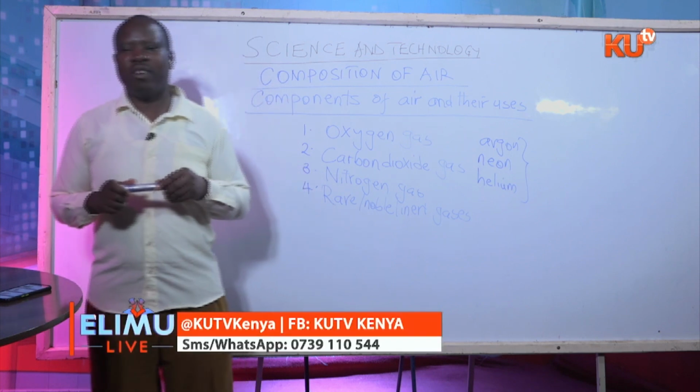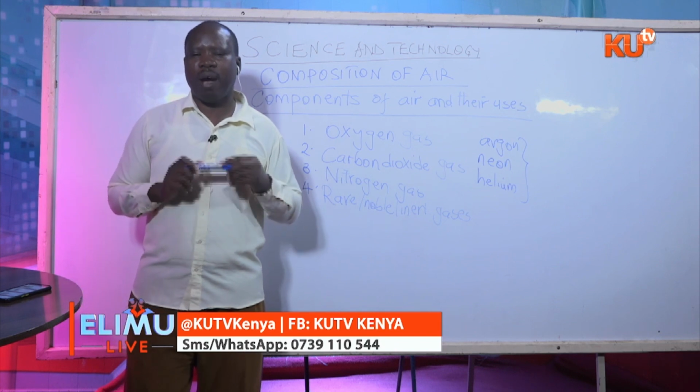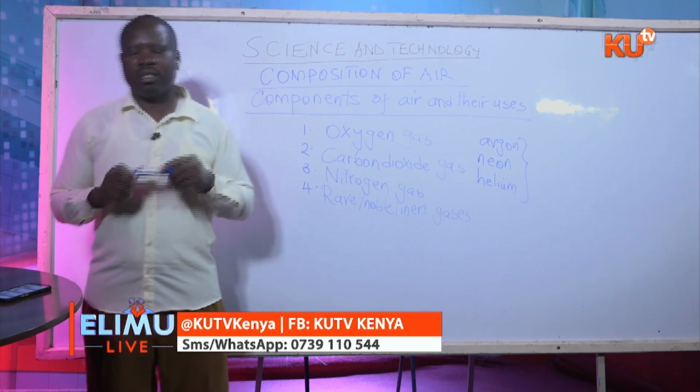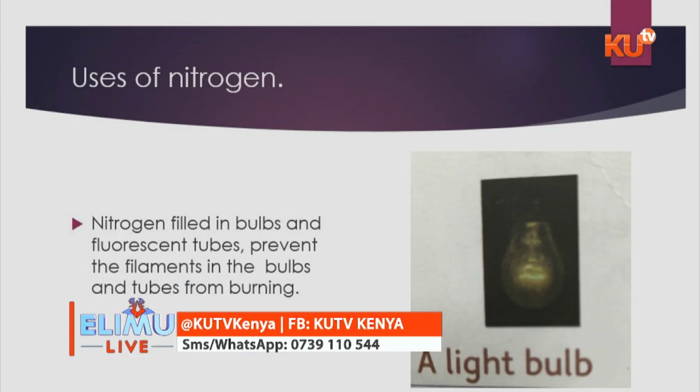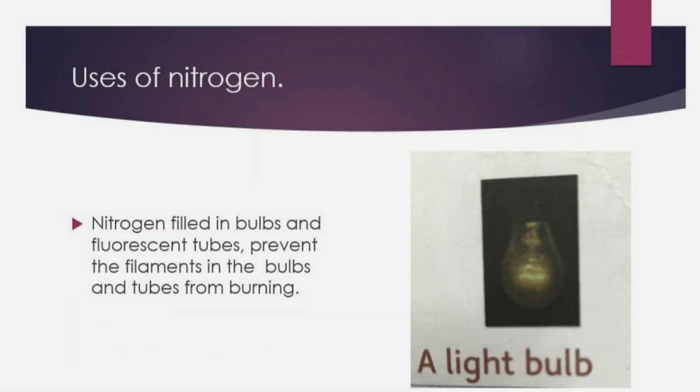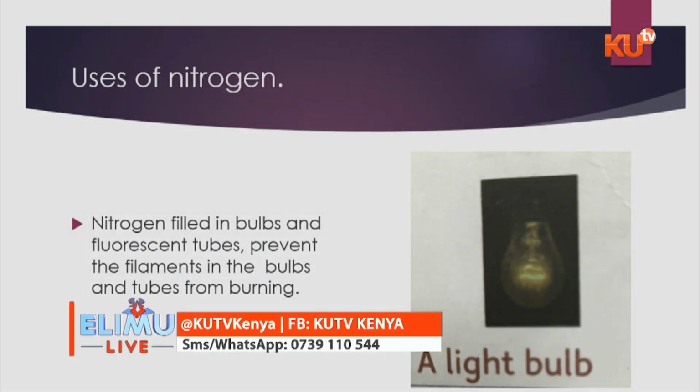This air in the fluorescent tube or bulb is not oxygen, it is nitrogen. And we can see on our screen an example of a bulb. Nitrogen is put inside that bulb.